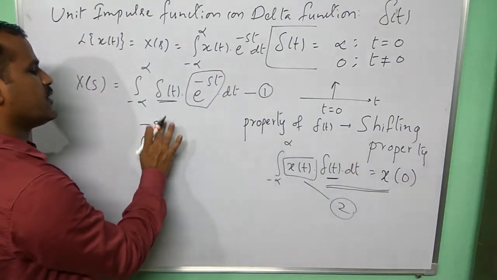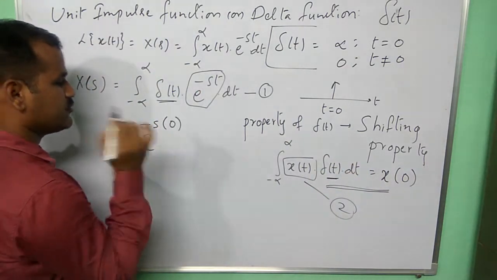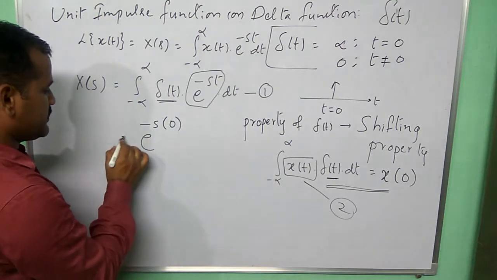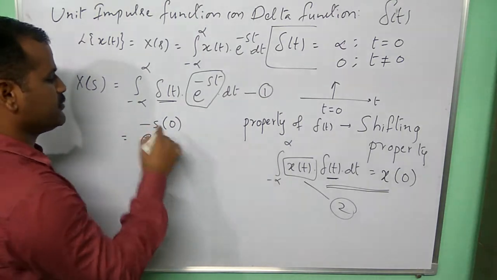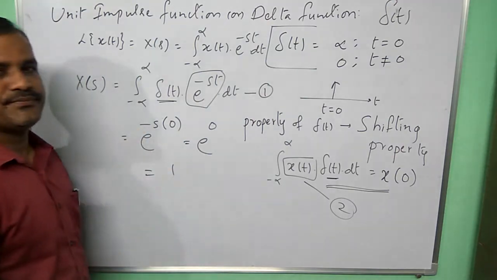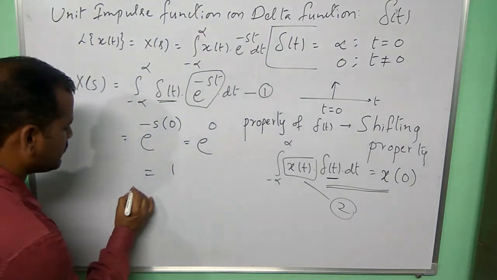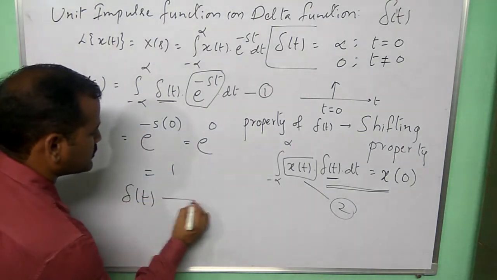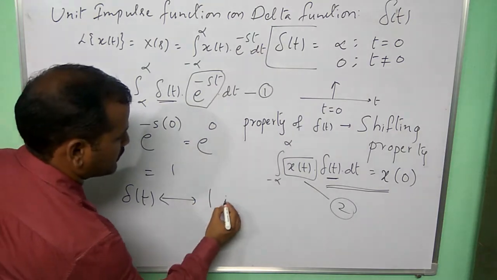So e to the power of minus s into 0 should be the answer for this expression. So that is e to the power of 0, which is equal to 1. That means the delta function Laplace transform is 1.